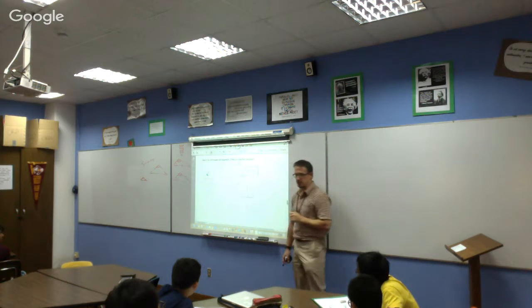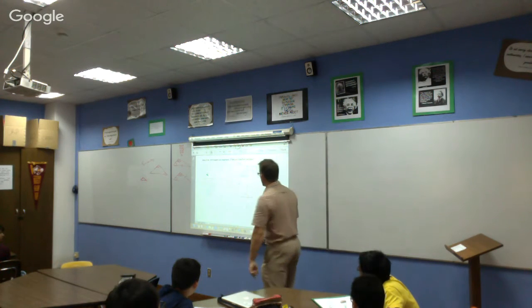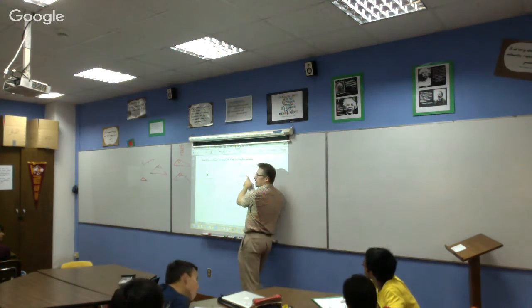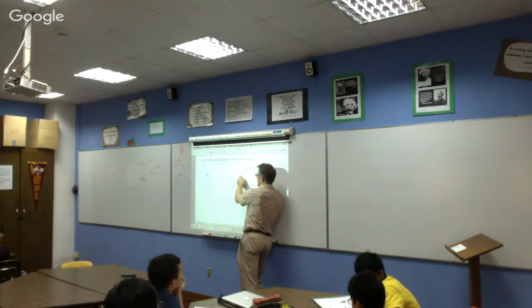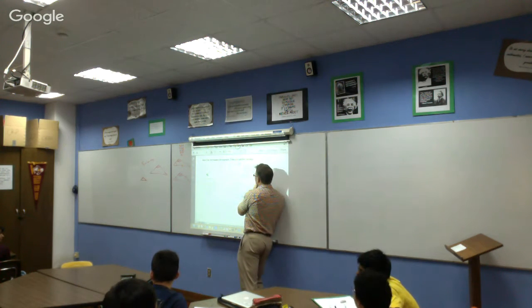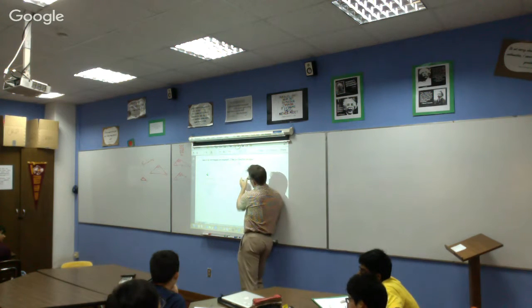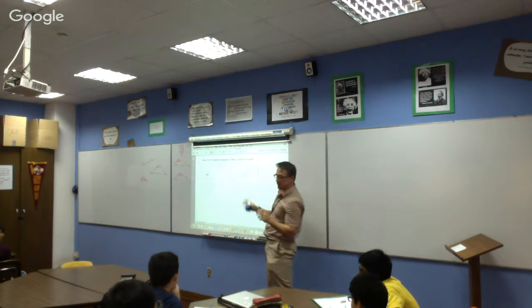This is where it gets tricky. I'm going to show you a little easy way to do these. This one has the leg that goes from the right angle to the hypotenuse. Right? It's a little bit tricky because so does this one go there. Well, this is where we kind of cheat a little bit.